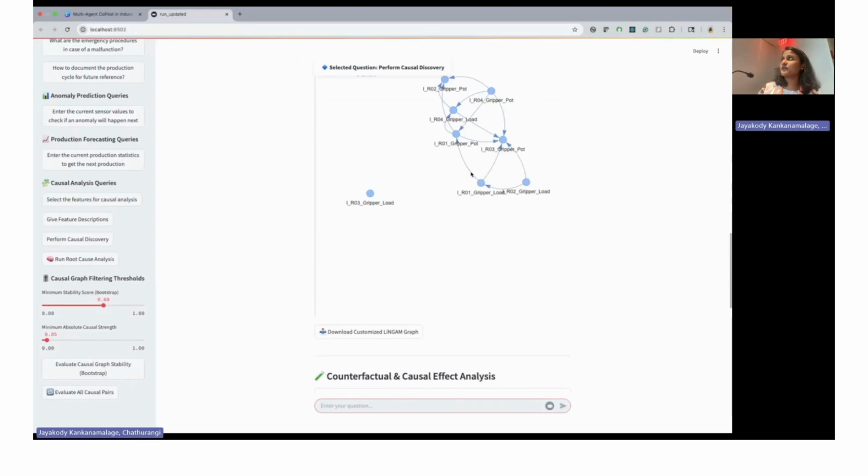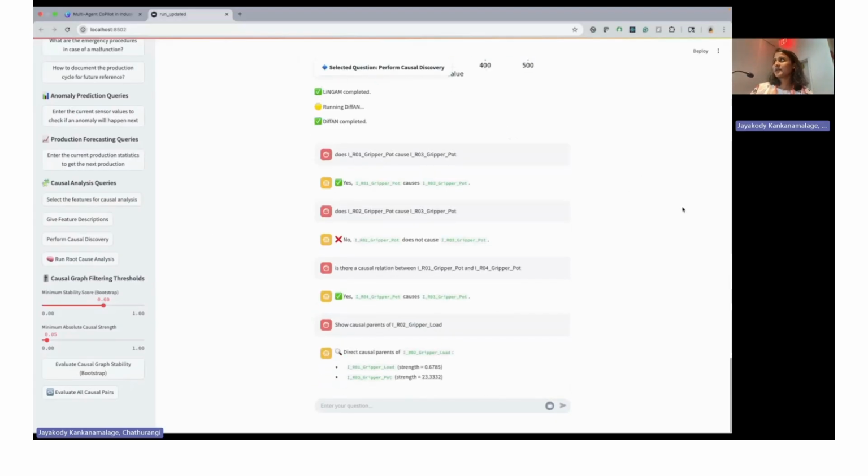So there is a 2.0 edge, a 2.0 connection between IRO1 gripper load and gripper potentiometer. So he can have an idea, oh, this variable is more reliable and this is not effective in my anomaly prediction task, things like that.